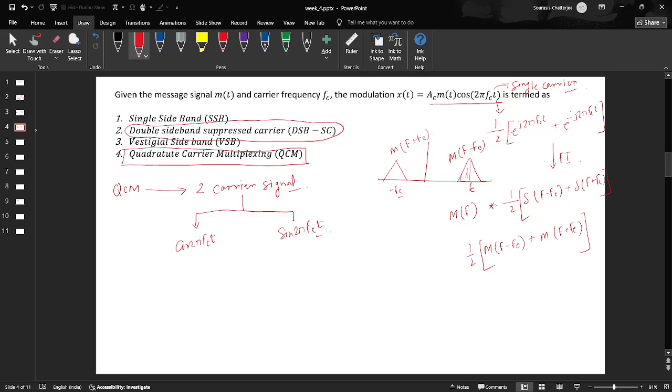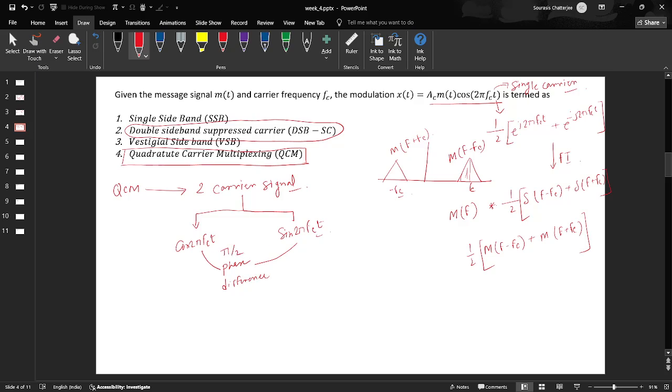So what is so different about them? If I look at it from the principle of trigonometry, we know that the phase difference between these two carriers is pi by 2, right?